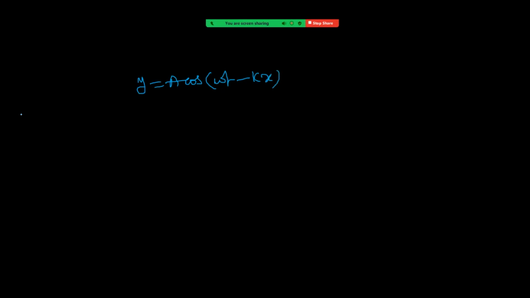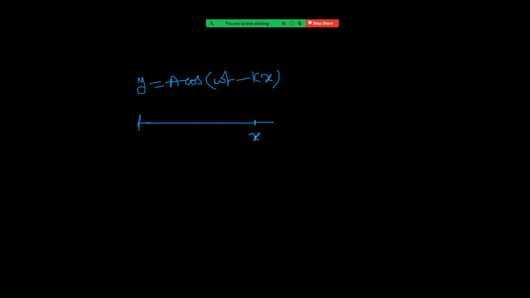This is from the ground frame. See what I'm saying here. Let us consider a string, for example, and I'm taking this end as origin. We are focusing on one point somewhere here, and its position coordinate is x.